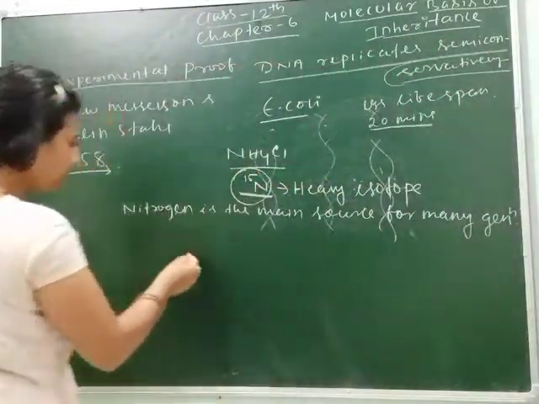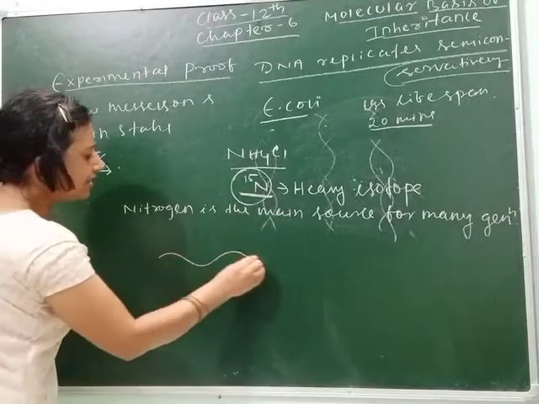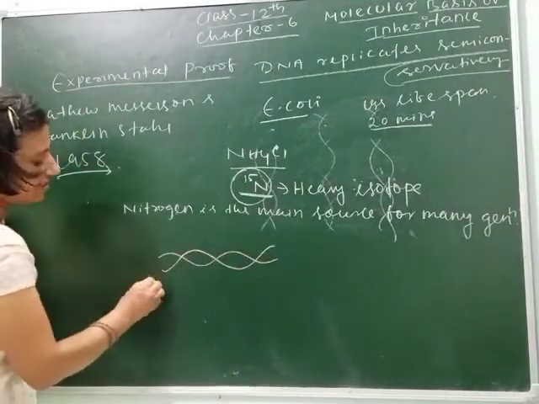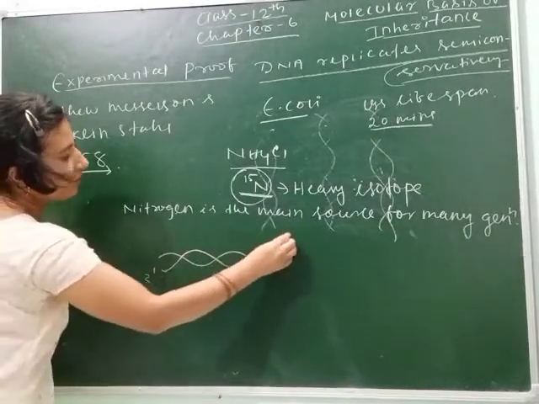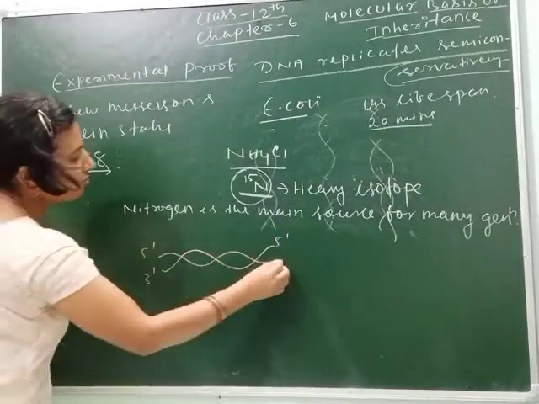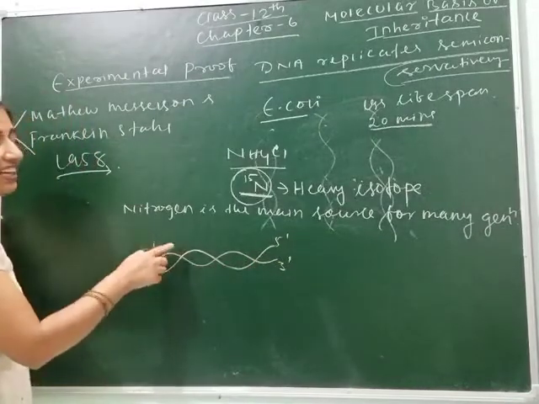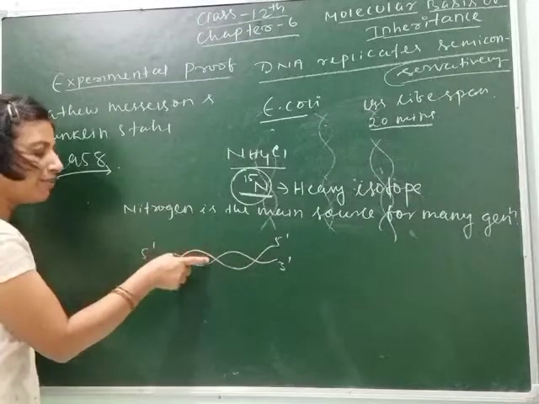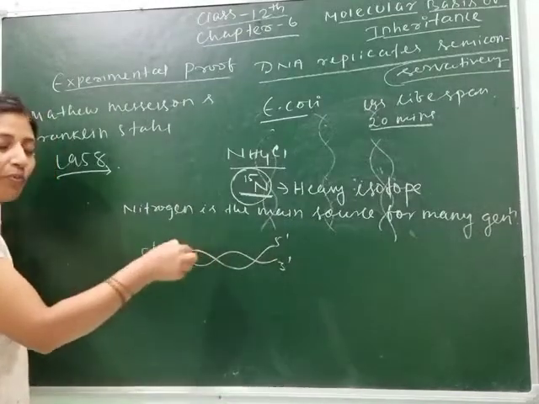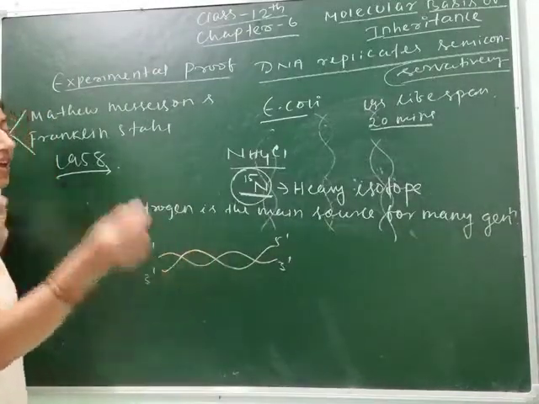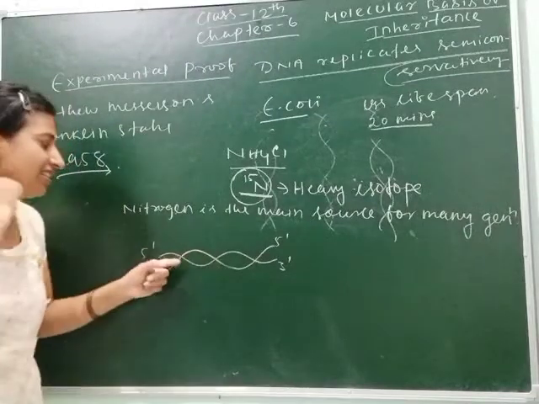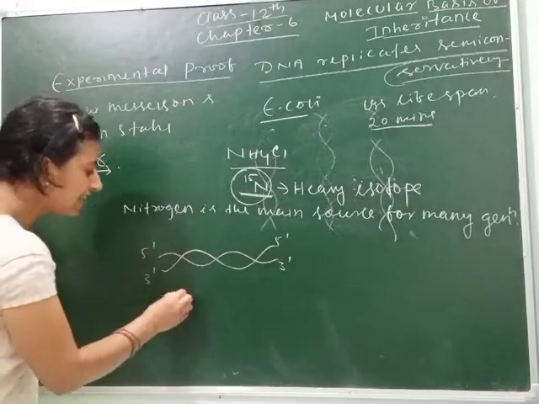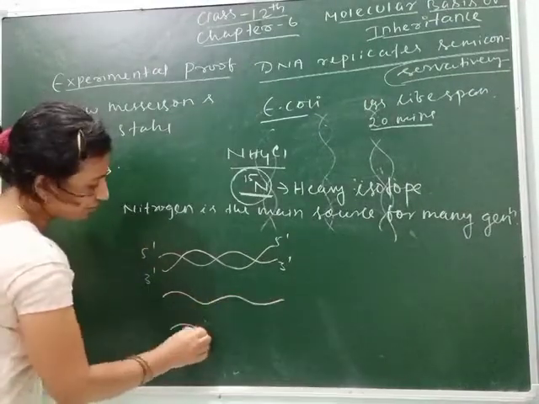Suppose for example, this is the DNA, 3 prime to 5 prime, 5 prime to 3 prime. When E. coli is put into ammonium chloride, nitrogen 15 enters into E. coli, and when E. coli divides, this nitrogen 15 also gets divided, and it forms 2.